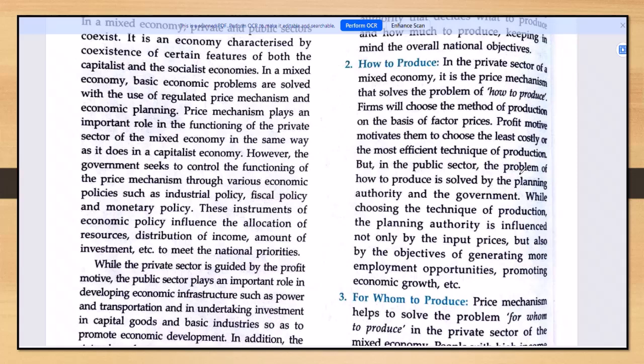Now, unlike the extreme socialistic and extreme capitalistic economy, in the mixed economy, the firms will choose the method of production on the basis of factor prices because the profit motive is always there for the private sector. So they will choose the least costly and the most efficient technique. But the public sector in the mixed economy will be working as per the planning and control of the government.